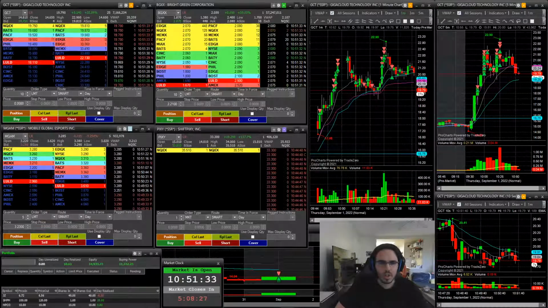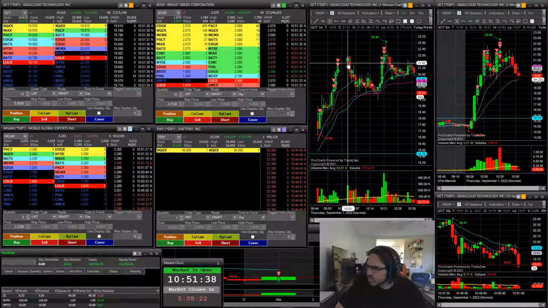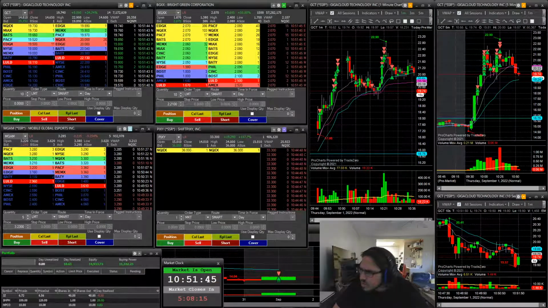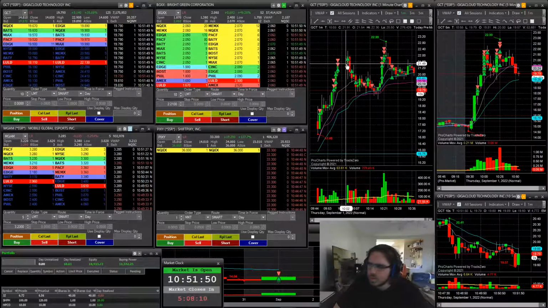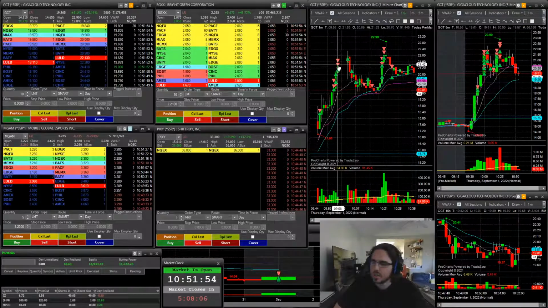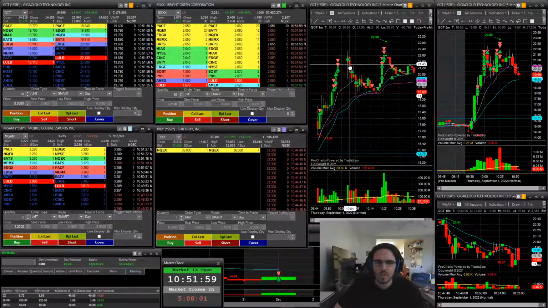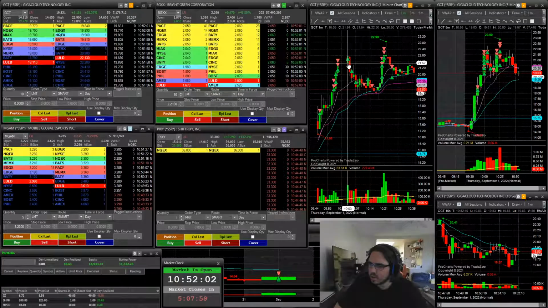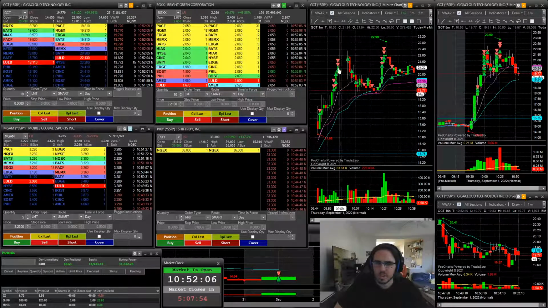Sold that for, I'm not sure actually. 22, 21, 44. Oh, you know what? It looks like I did hold one share into the halt, and then I added, and then I sold the remaining 2 shares, I think. Yeah, that's what it looks like. So that trade ended up being a small winner because I was actually holding from down here.